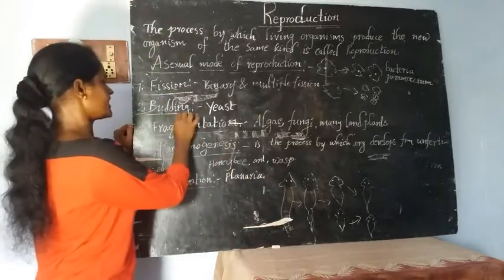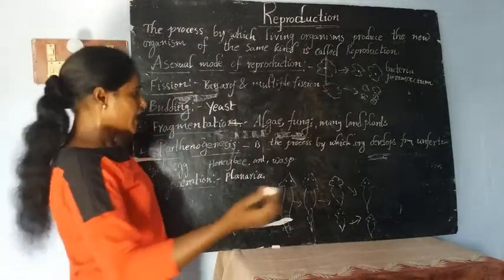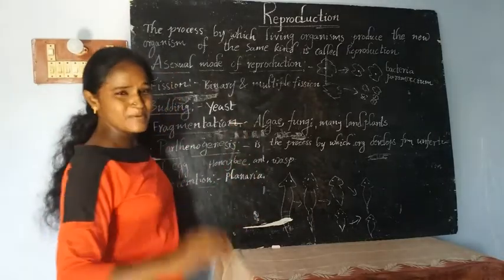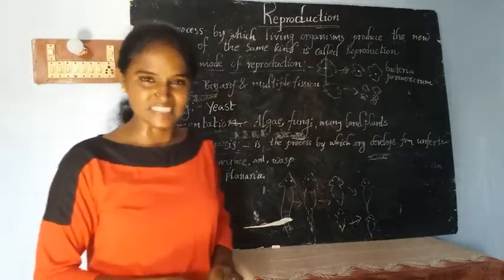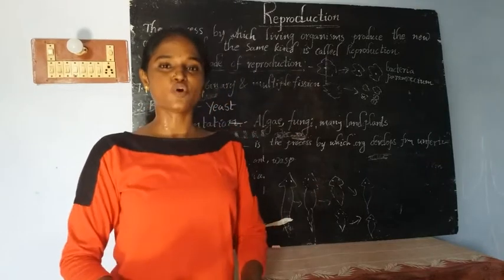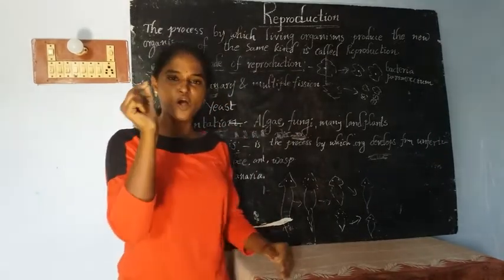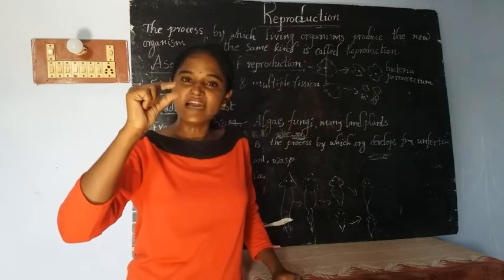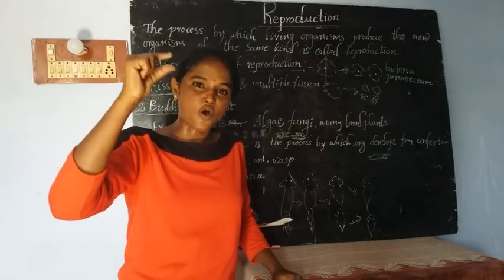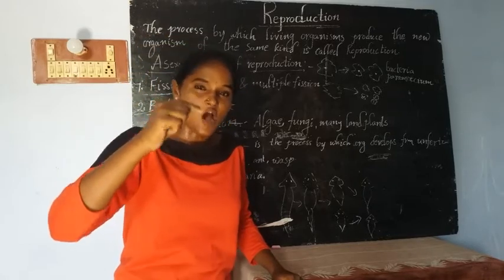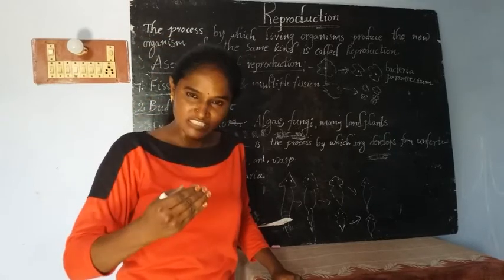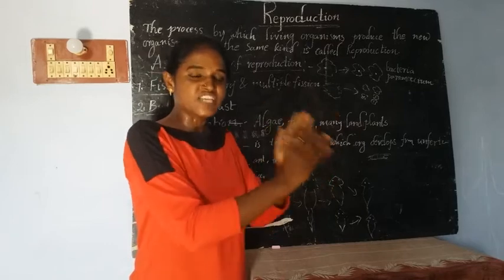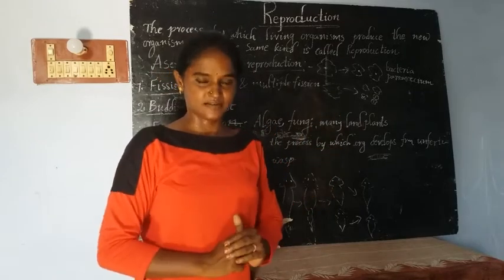Then come to the next one, budding. You know about budding. The best example for budding is yeast. Here, on the parent organism we can find a small growth that resembles a bud, and this bud grows on the body of the parent. After it develops well, the bud detaches from the parent.